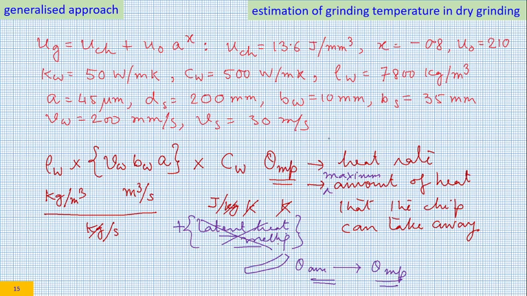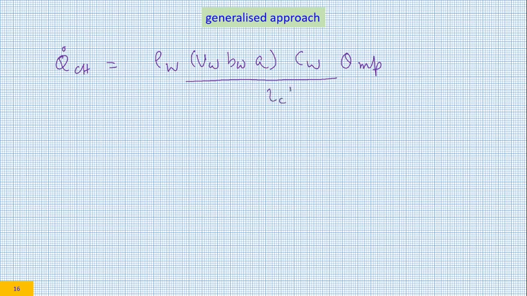So this is the heat rate. What is this then? This is capital Q dot CH. Then what is small q dot CH? We have written capital Q dot CH is rho W into VW into BW into A. This is the material removal rate part, CW into theta MP divided by LC by BW.